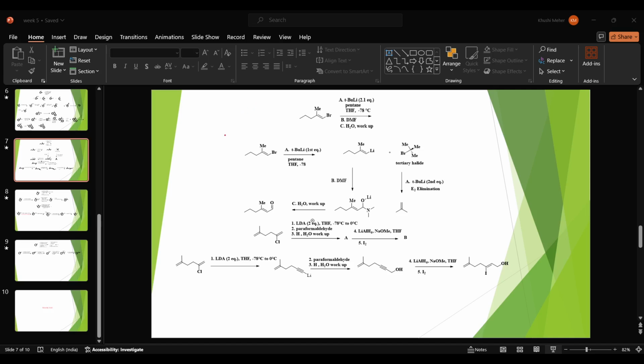We are using 2.2 equivalents. If you use only one equivalent, it will only convert the sulfur to sulfoxide. If you use another equivalent, it will convert the sulfoxide to the corresponding sulfone. That's why people use 2.2 equivalents.